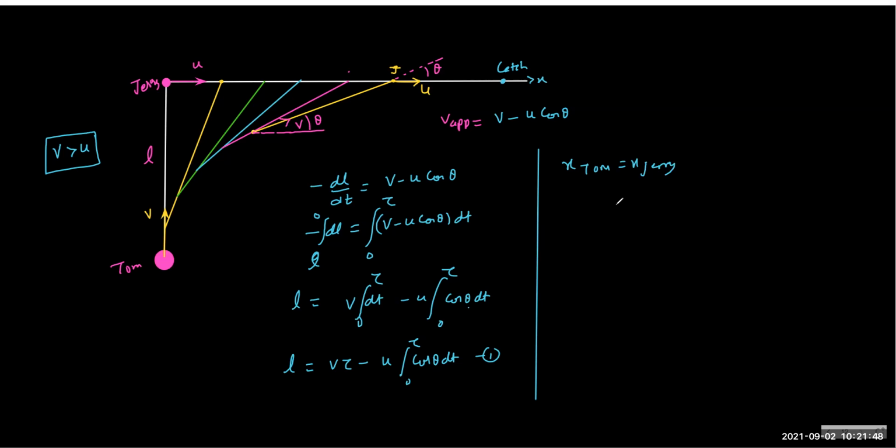So whatever the distance Tom has traveled in the x direction, both have traveled the same value, isn't it? Because they started from here. So we can say that the displacement of both must be same at the time of catch. Do you realize this?